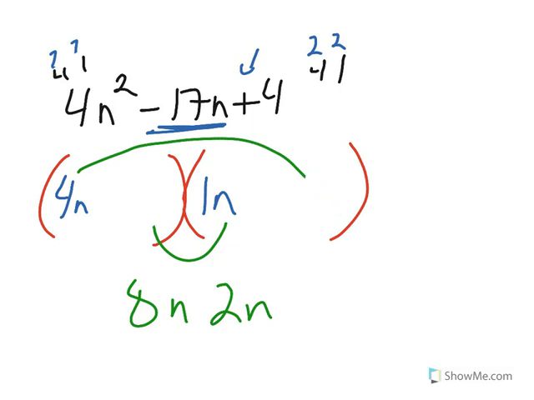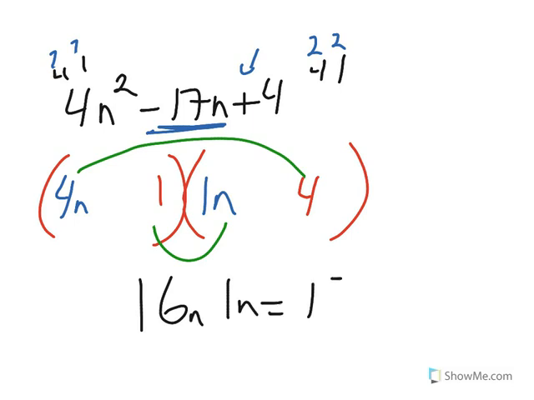And if I put a 4 here, that's going to multiply 4 times 1 and then 4 times 1. It's going to give me the 8. So I know that one's wrong. So I'm going to try 1 and 4. Four times 4 is 16. 1 times n is 1n. So that's going to get me to my 17n. Once again, this is a plus sign. My signs are the same. That's a negative, so both of them are just going to be a negative. So that is my answer.